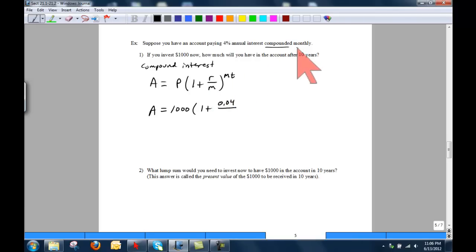Interest is compounded monthly in this problem. That's 12 times per year. And the exponent is the product of M, the number of times per year interest is compounded, that's the 12 again, times T, the number of years that the investment is made. In this case, it's 10. So this is an expression to plug in on the calculator.